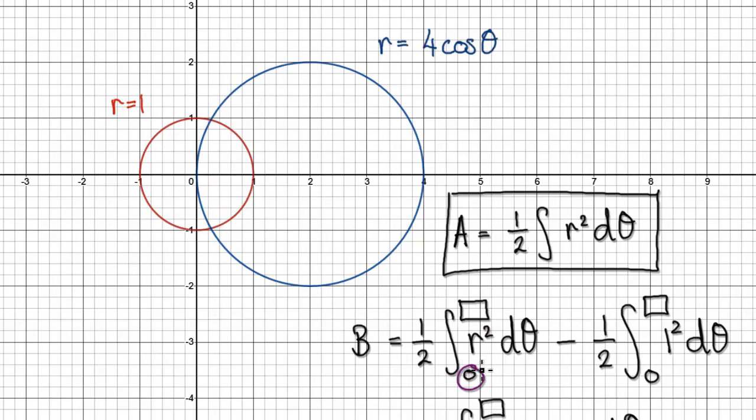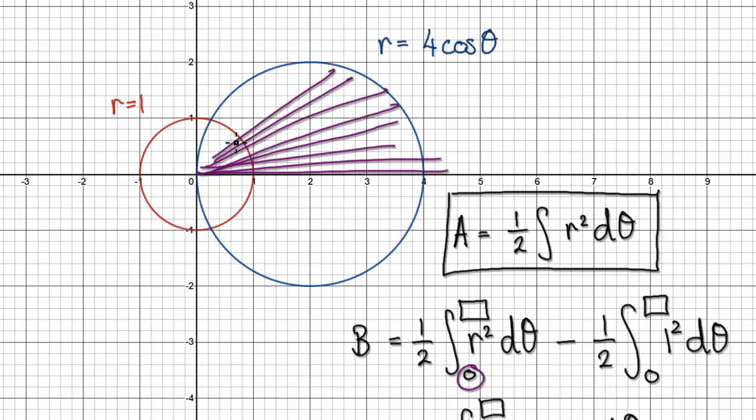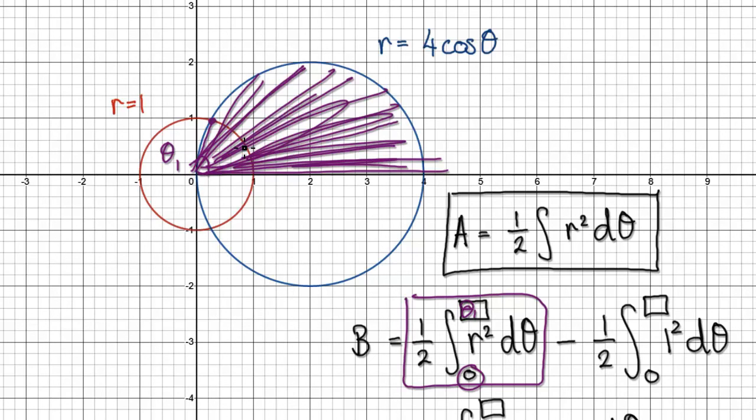So you integrating this whole thing here to what we will later call theta 1. So this whole thing here will then give us this whole thing here.